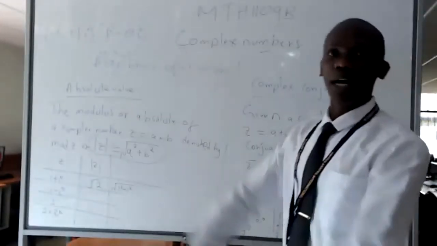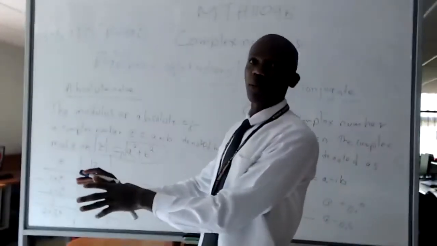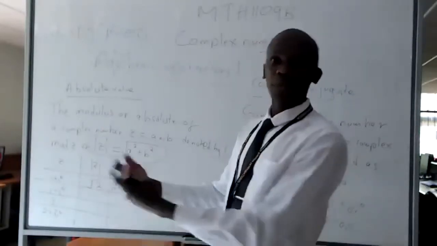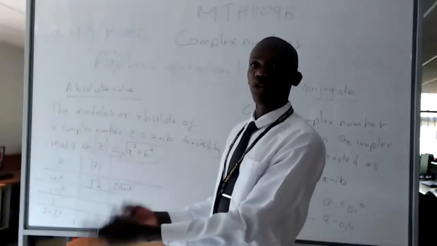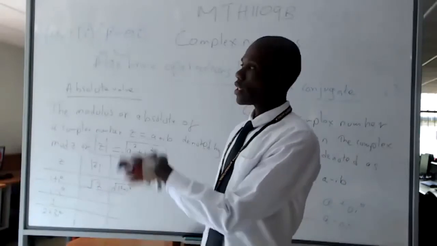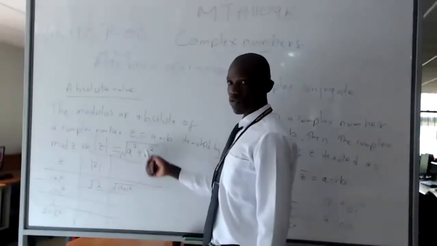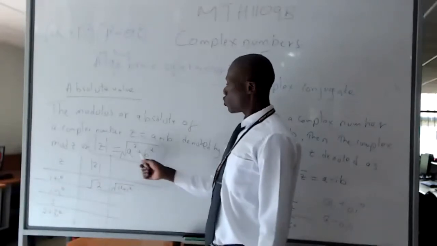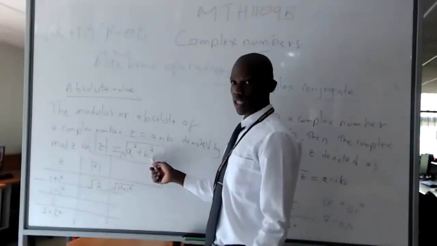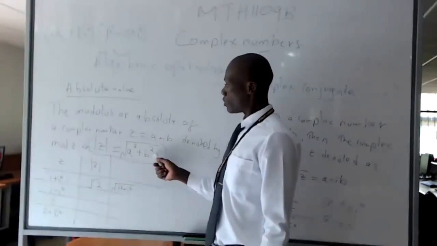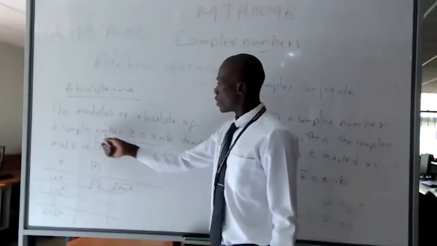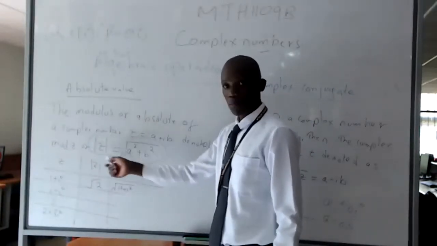Just take the real part and take the imaginary part. Remember, the real part is a real number. The imaginary part is also a real number, only that it's a coefficient of i. When I take b squared, I'll get a real number. a squared is also a real number. So when I add these two, it's a real number, and I can get the square root of a real number. This absolute value is always positive.